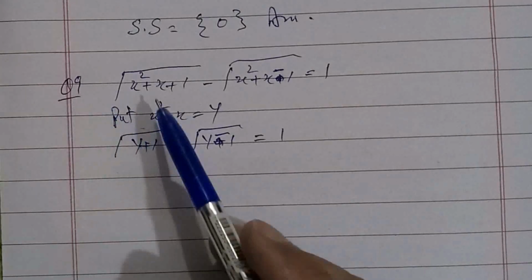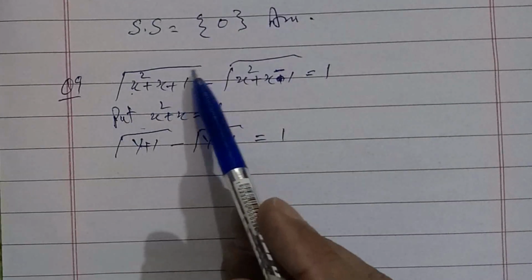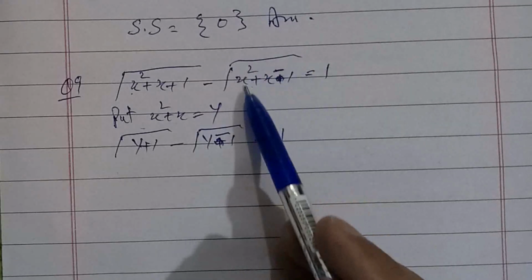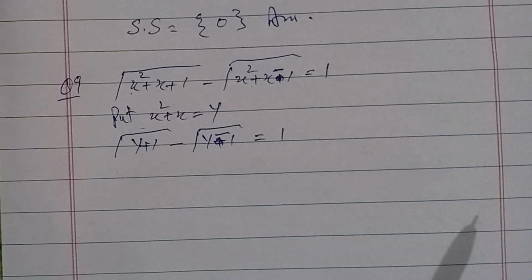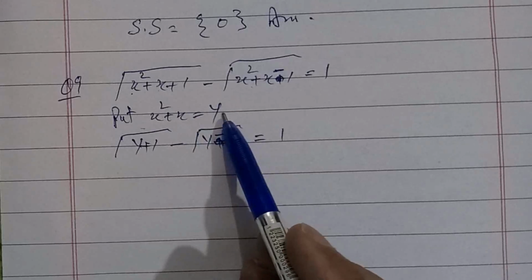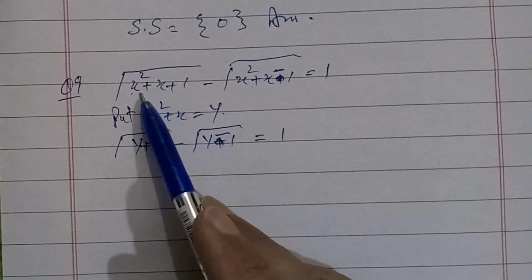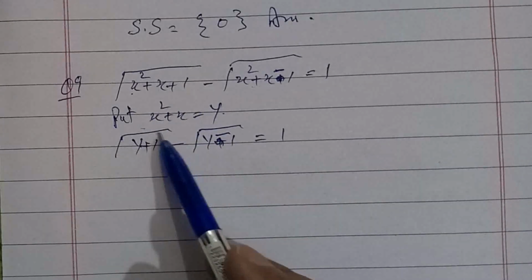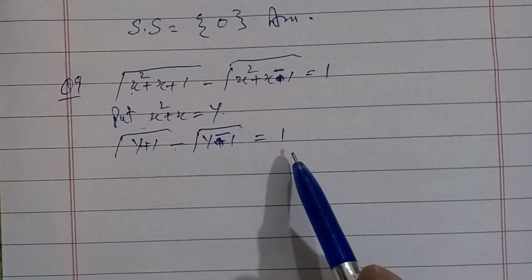Now we start question 9. The value of question 9 is √(x² + x + 1) − √(x² + x − 1) = 1. We use in this question the substitution method, which is x² + x = y. When we put x² + x = y in the first portion, we get √(y + 1) − √(y − 1) = 1.